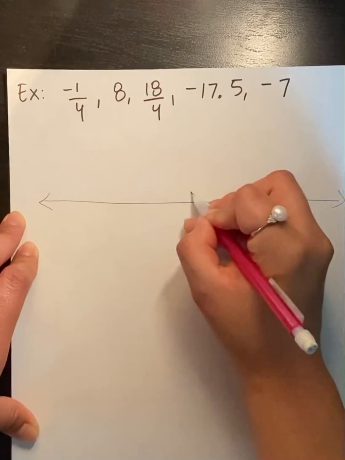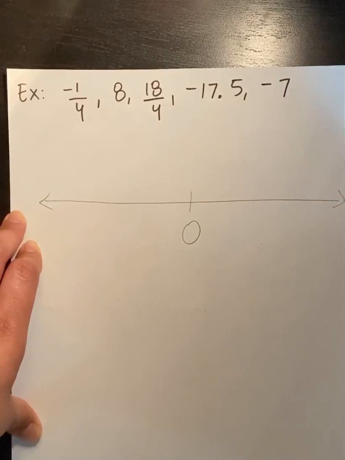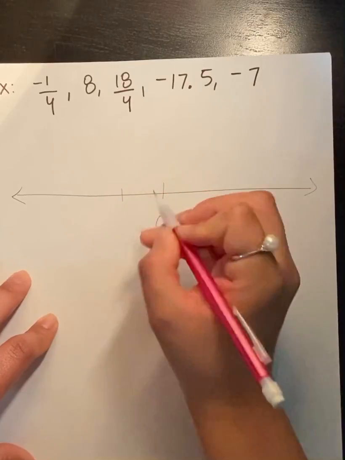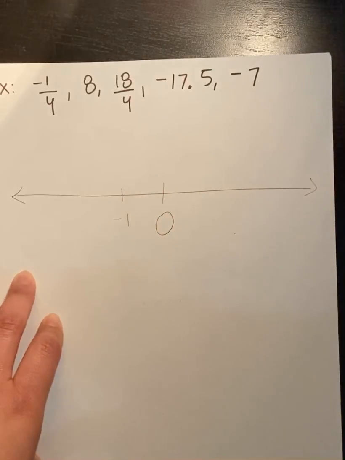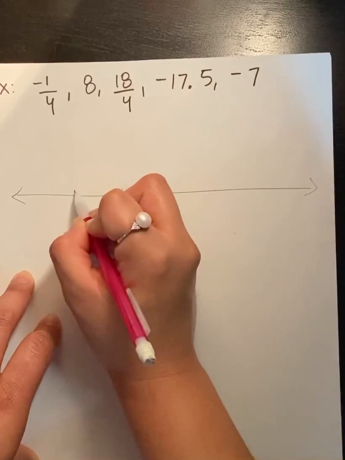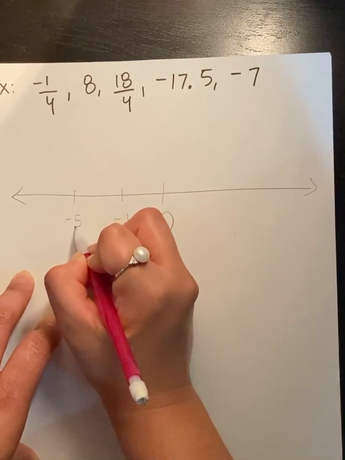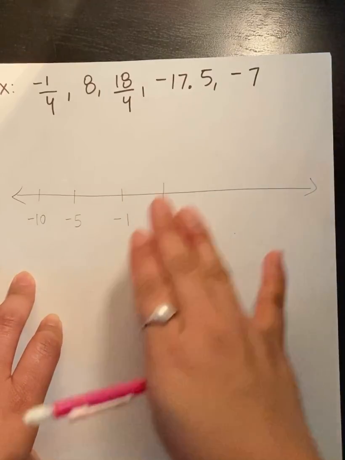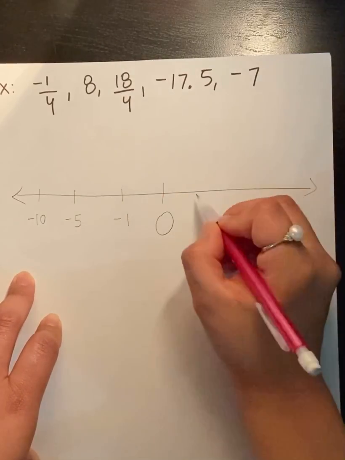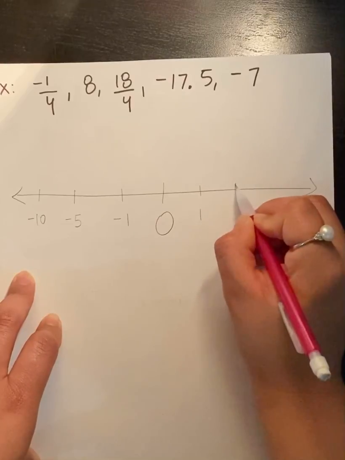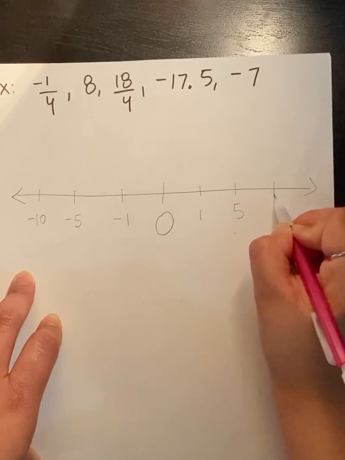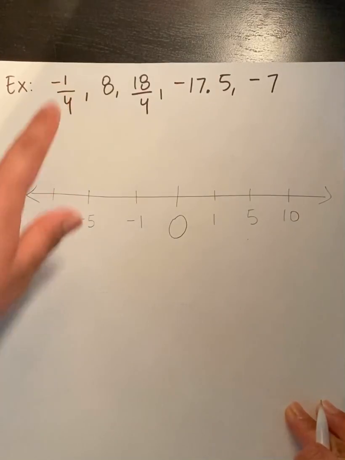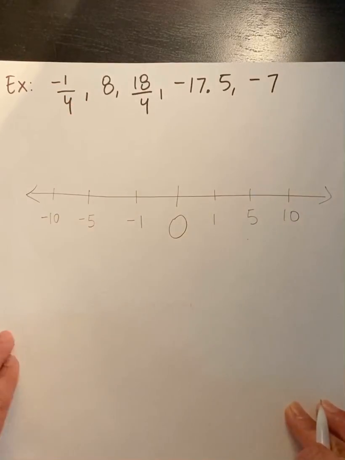In the middle, I write 0. And to help me get the number line started, I can write -1, -5, and even -10. If I go to the right side of 0, I can write the same numbers, 1, 5, and 10. This way, I can start plotting down my numbers.